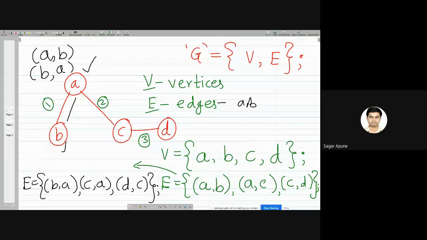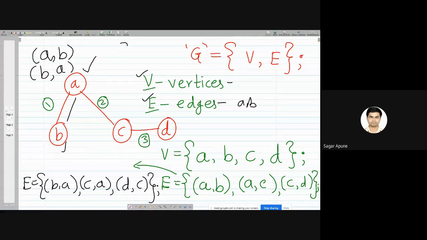Then the next terminology of graph is vertex. Vertex means what? It is a fundamental unit of my graph. It contains data of my graph. Our graph is formed by using vertices and edges. Right? Without vertices and edges, we cannot form a graph.